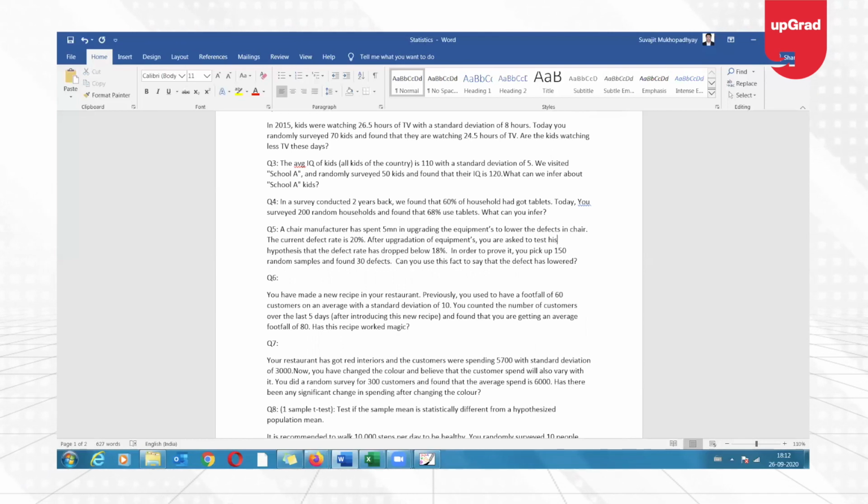So you are asked to test his hypothesis that it has dropped below 18%. So in order to prove it, you pick up 150 random samples and found 30 defects. Now can you use this experiment to say that the defect rate has dropped below 18%? I think that will be the right question.